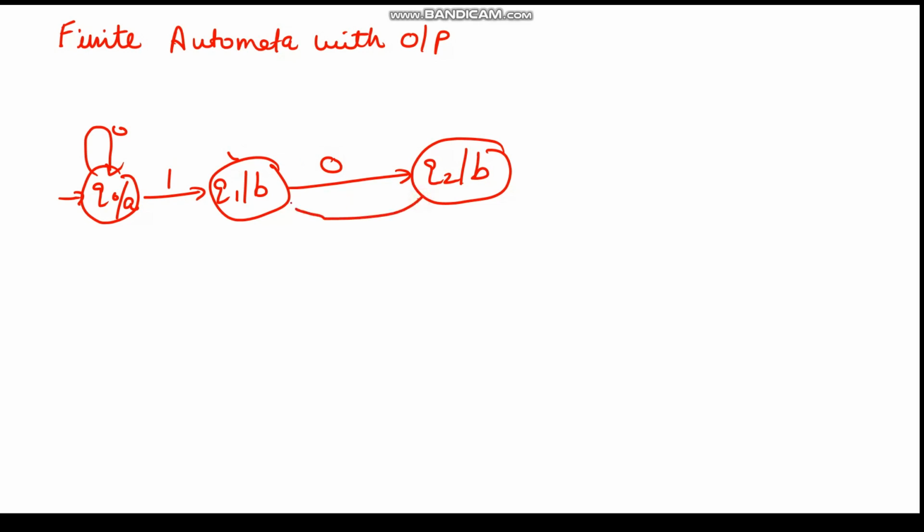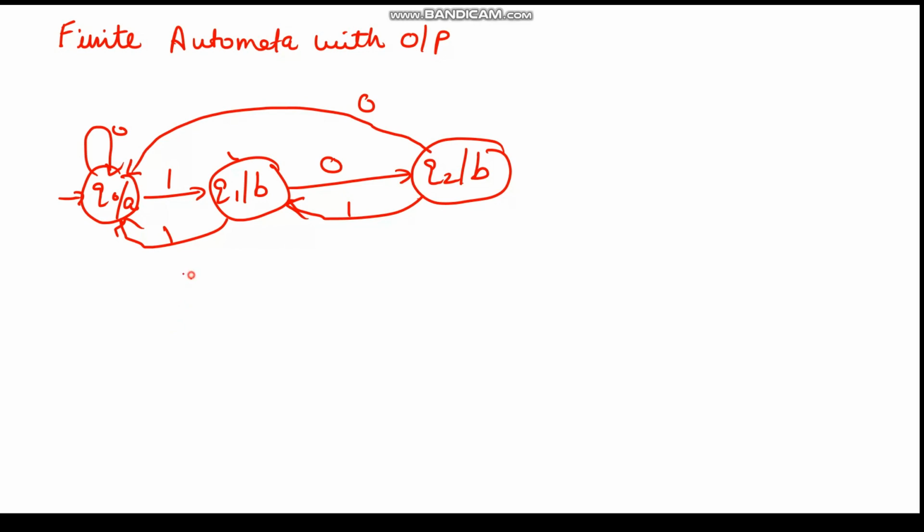If 1 is provided, it will go over here. With 1, it is going here. And if we provide 0 in this case, it will go here. So this is a finite automata diagram if we look at it, but in this case, not only the states are given, we have certain other symbols also mentioned.